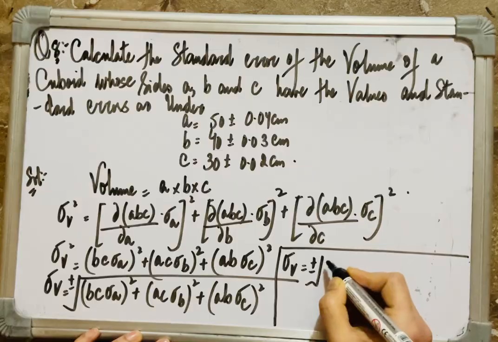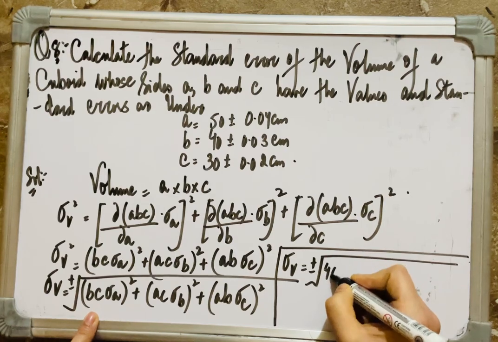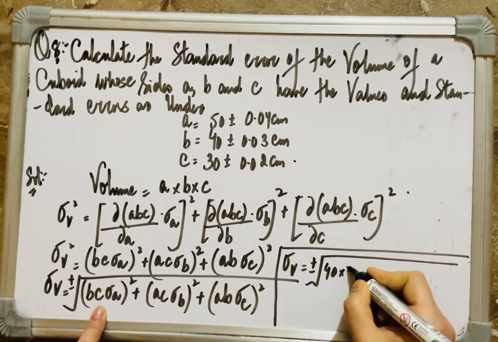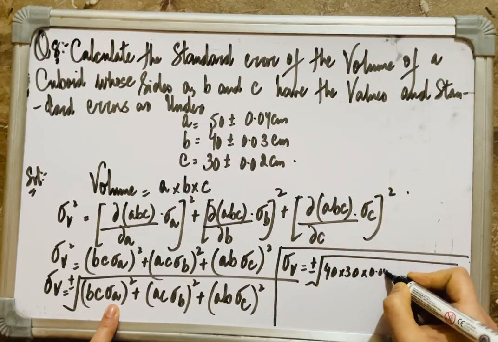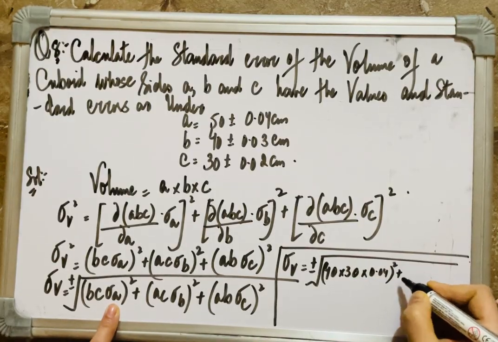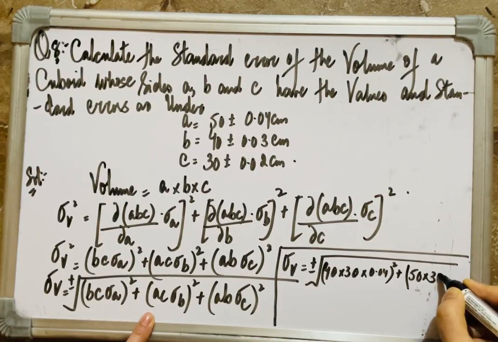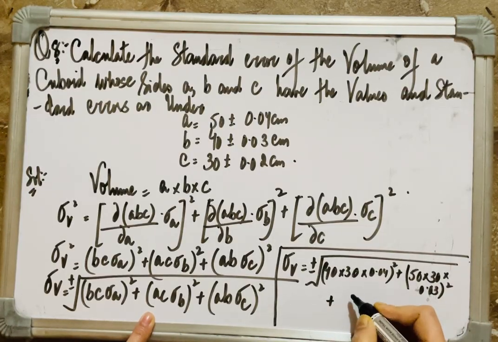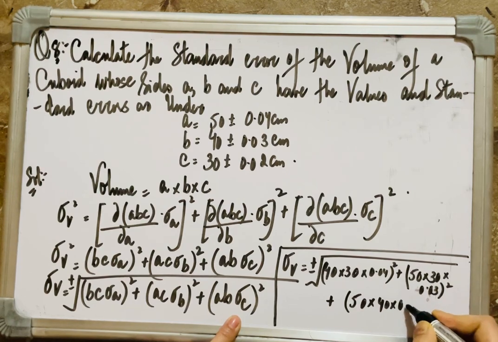Plus minus square root of B 40, C 30, sigma A 0.04, square of it, plus A 50, C 30, sigma B 0.03, square of it, plus A 50, B 40, sigma C 0.02, square of it. All right.